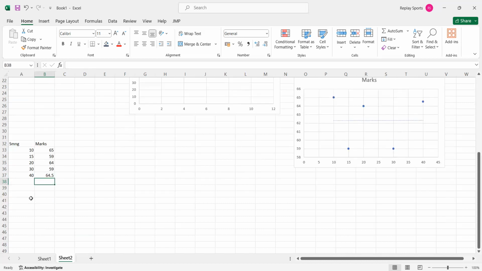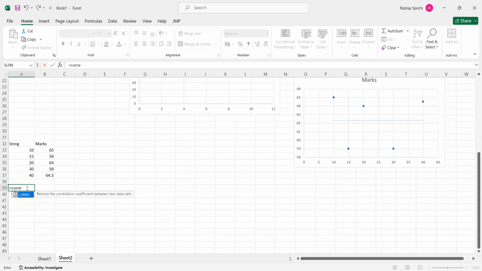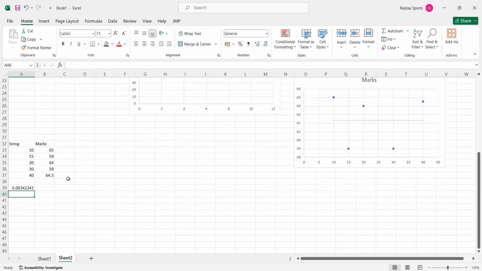And we can actually do it and see here. So in Excel, you have a CORREL formula. CORREL. So array 1, I'll select this one, and array 2, you have this one. If you do it, you see 0.003, almost like 0, right?